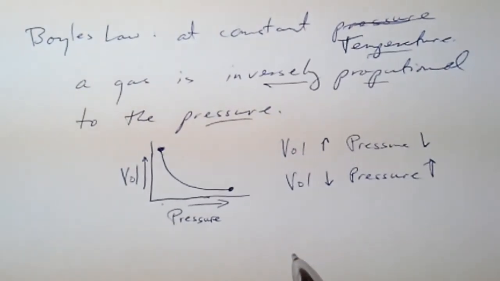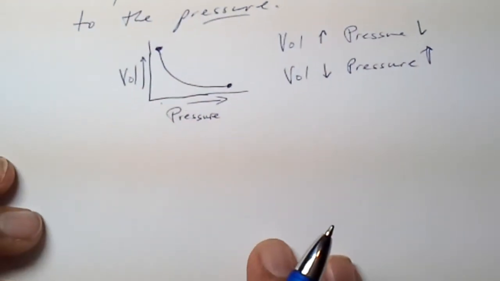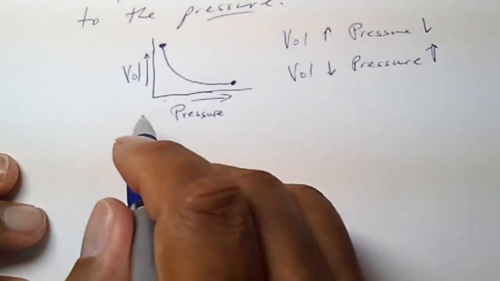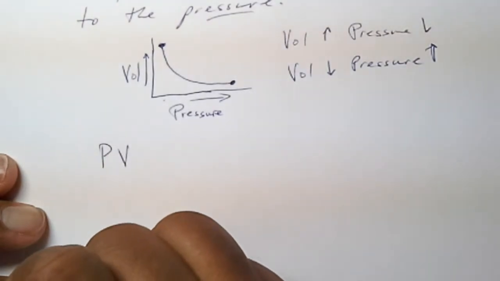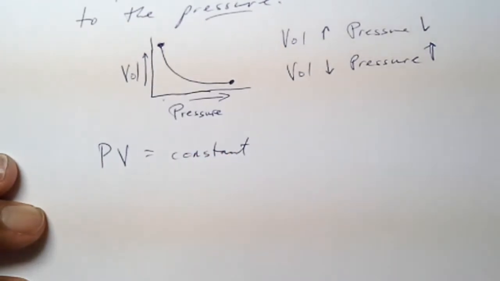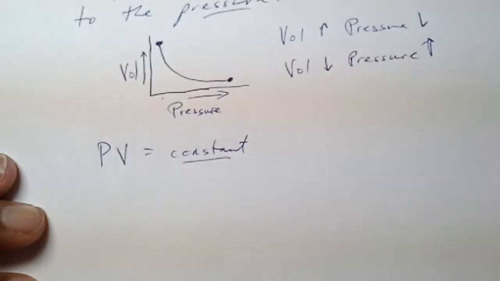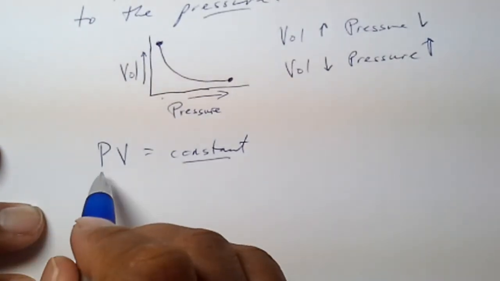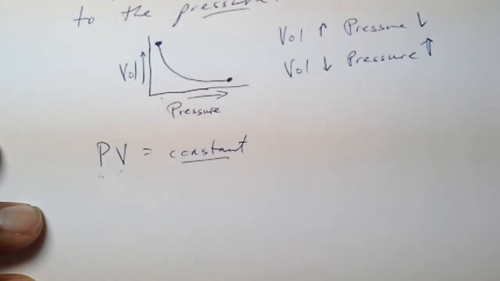We can express this mathematically as pressure times volume equals a constant. And that constant will remain the same regardless of what changes with respect to pressure and volume.